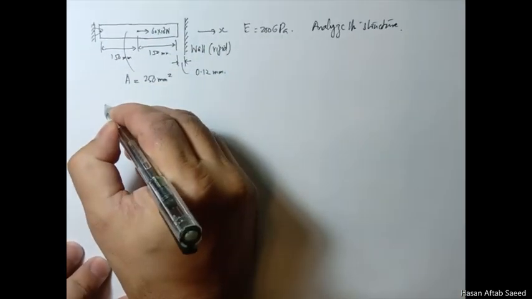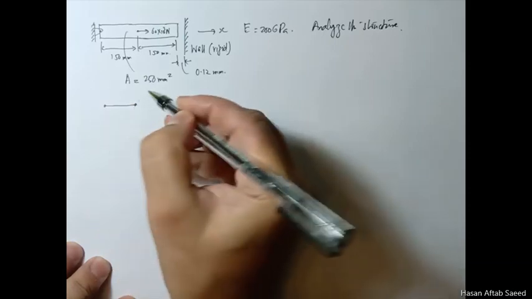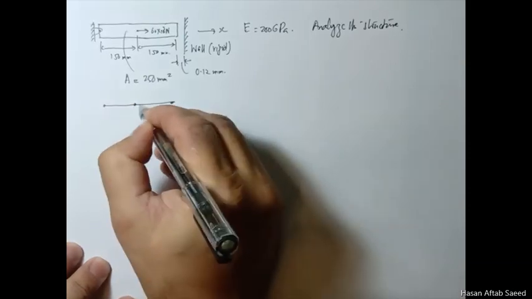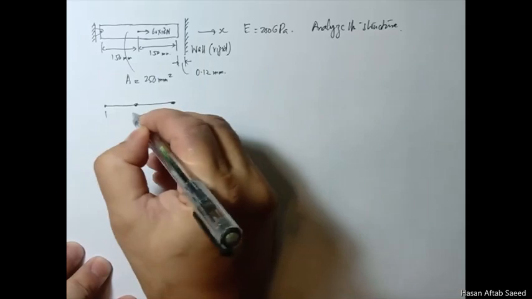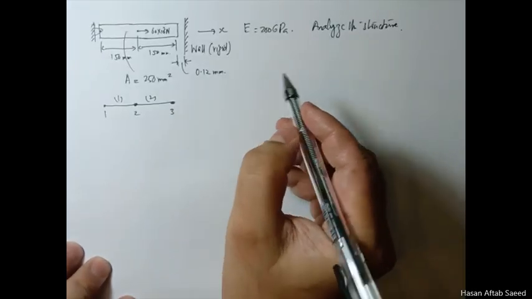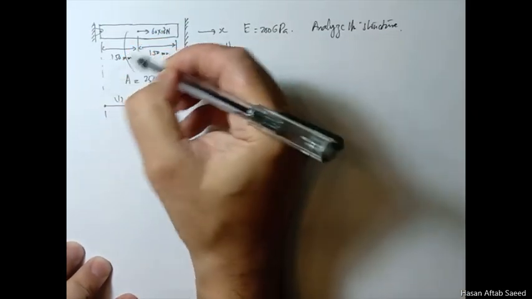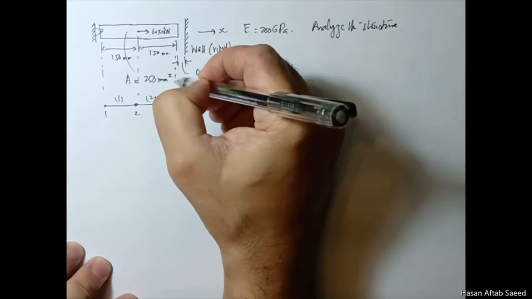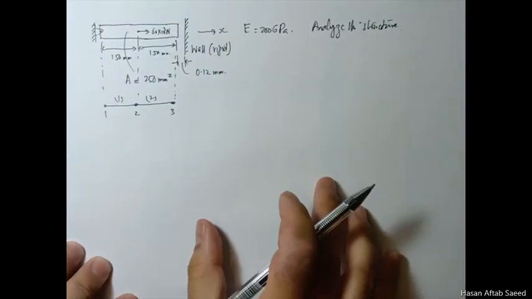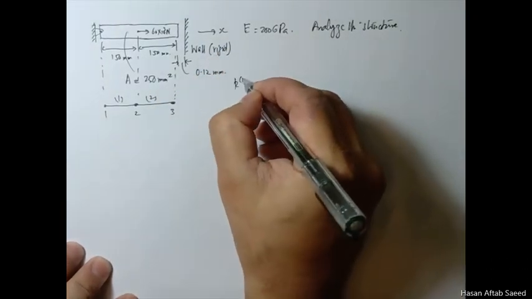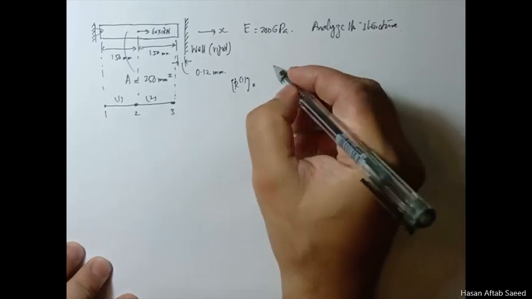Here meshing is very simple for this. This is your node 1, 2, 3. This is element 1, this is element 2, and the rest of the procedure is very simple. I'll focus on the penalty method, but let's construct the stiffness matrices.